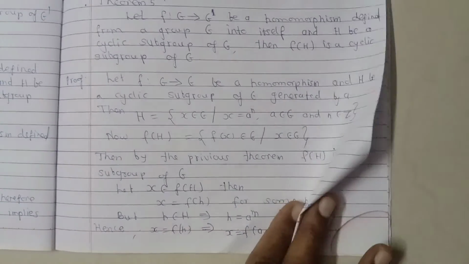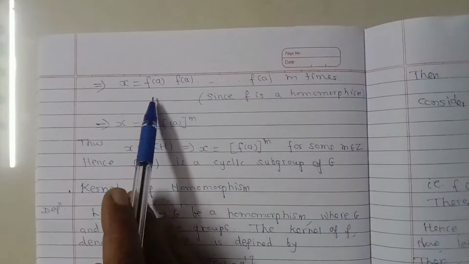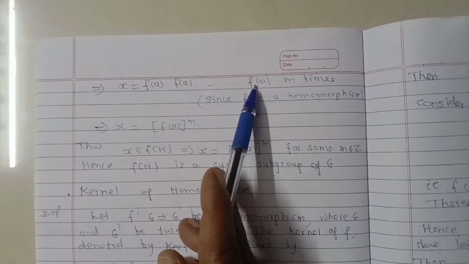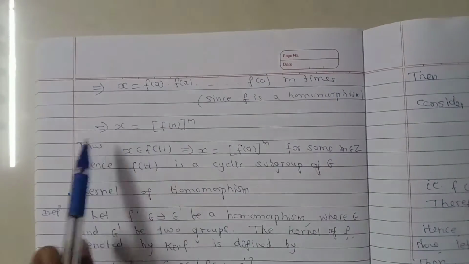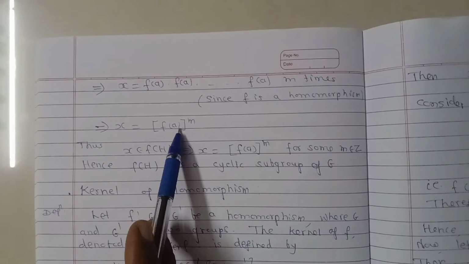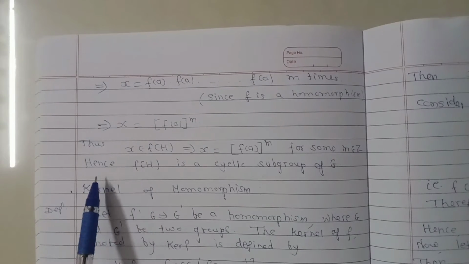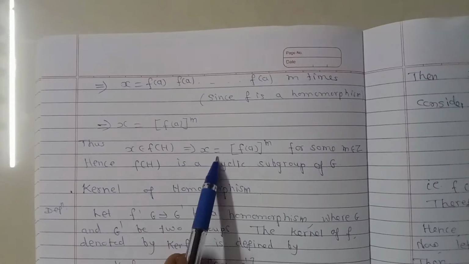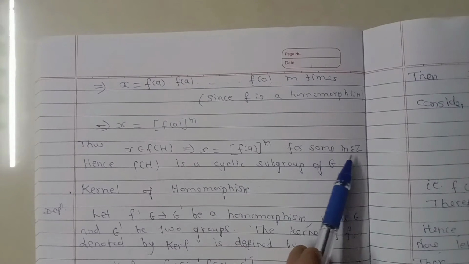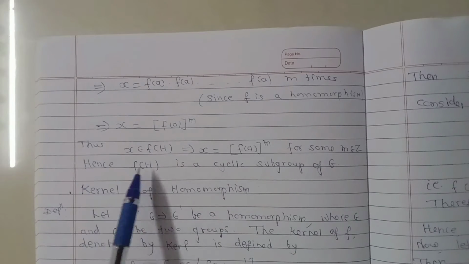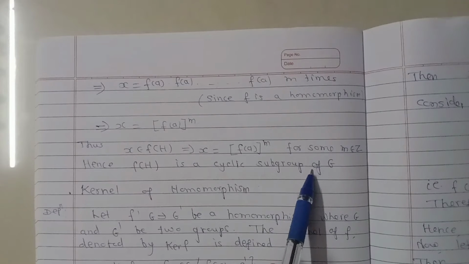This implies x equals f(a) times up to f(a), m times, since f is a homomorphism. This implies x equals [f(a)] raised to m. Thus, x belongs to f(H) implies x equals [f(a)] raised to m for some m belonging to Z. Hence, f(H) is a cyclic subgroup of G.